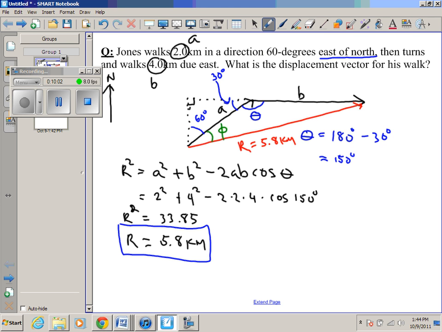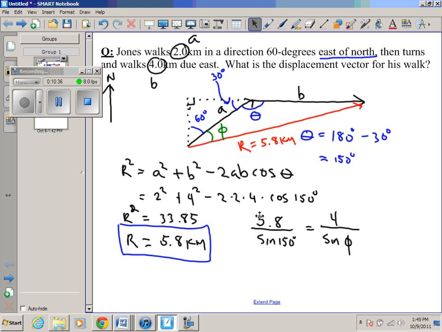So according to the law of sines, I can say that 5.8 divided by the sine of 150 degrees, so r over sine theta, is equal to b, which in this case is 4, divided by the sine of phi.